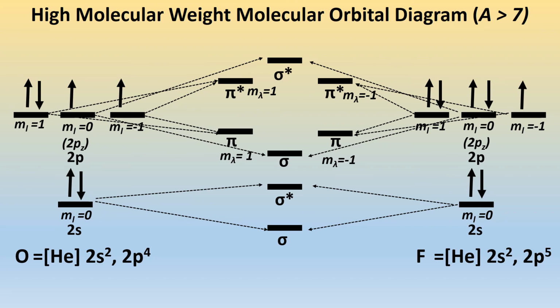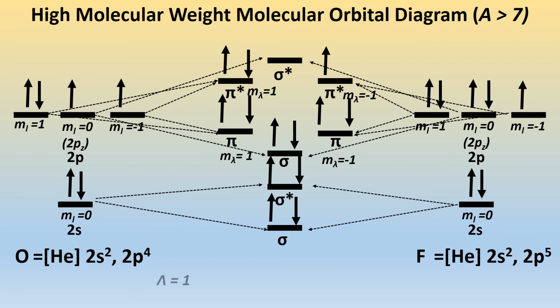We now start putting the electrons in, again, one at a time, from the lowest orbital to the higher orbital. You will see in this case that I have one unpaired electron, and that electron is in an m sub lambda of minus 1, which gives a capital lambda of 1, generating a pi term.